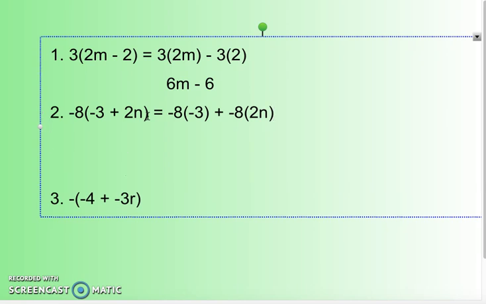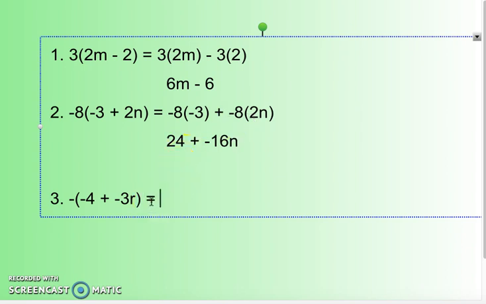Remember, a negative times a negative is positive, so 3 times 8 is 24, plus, and remember this is negative 8 times 2 times n. So negative 8 times 2 is negative 16. We don't have enough negatives to make it positive. And then times n, it just remains as times n, because we don't know that value yet. And so this is in simplest form.